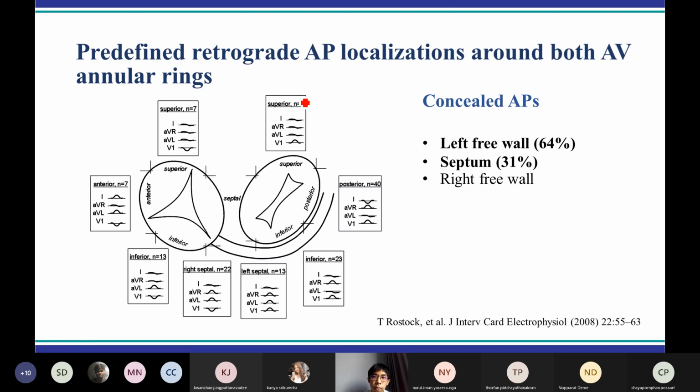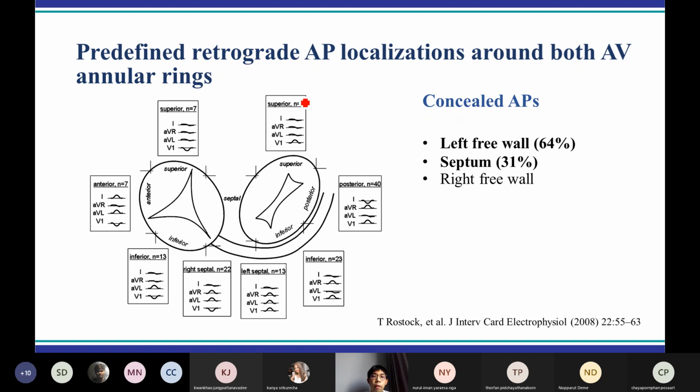So, the predefined retrograde AP localization around both the AV node and annular rings. You can use the 12-lead ECG, the positive and negative R wave and QRS complex, to identify the locations of the accessory pathway.